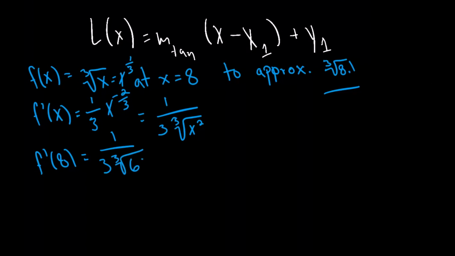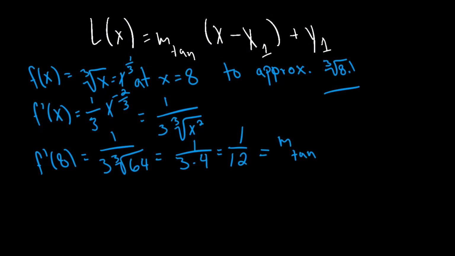We know that's 64, and the cube root of 64 is 4. So we have 3 times 4, which is 1 over 12. This is our slope, because we know that the derivative gives us our slope at that specific point.